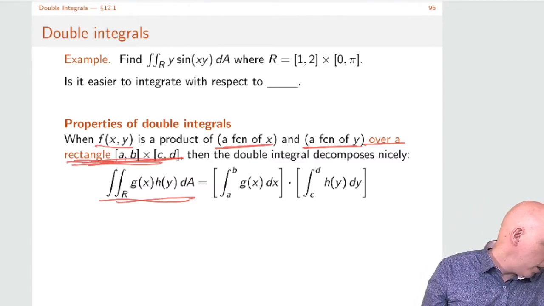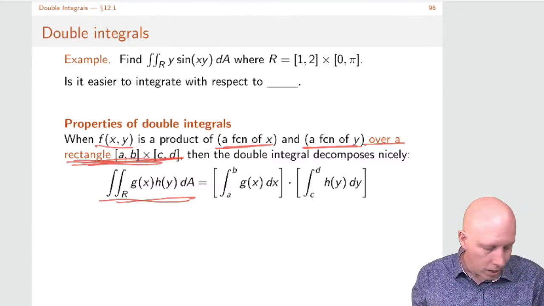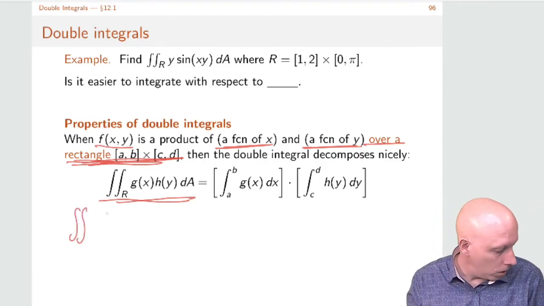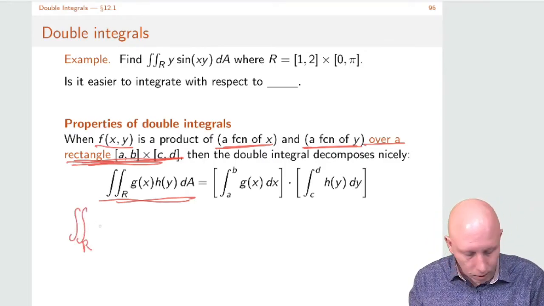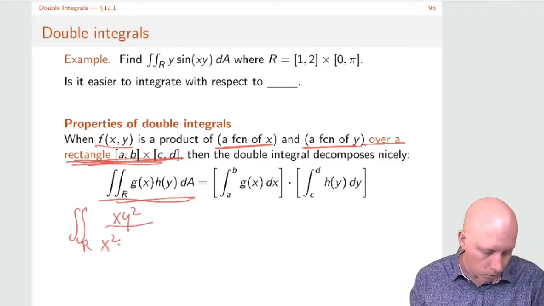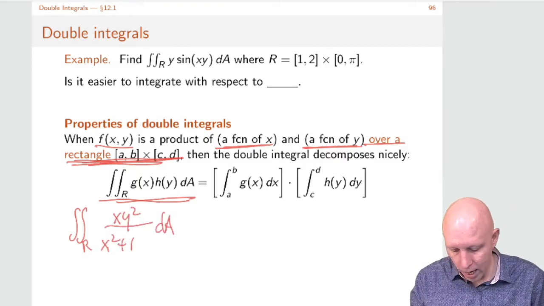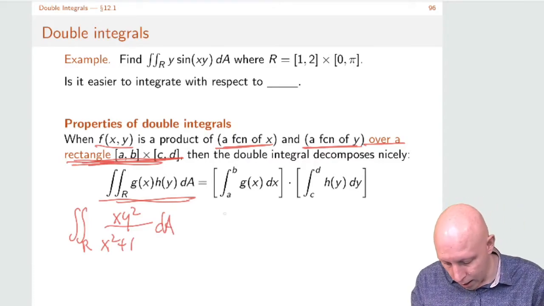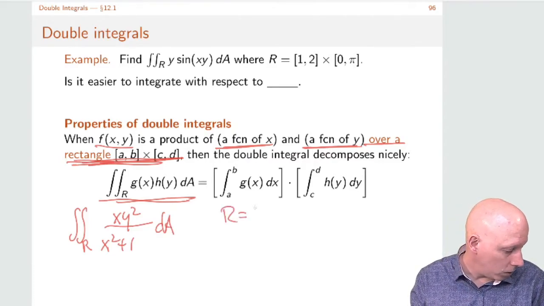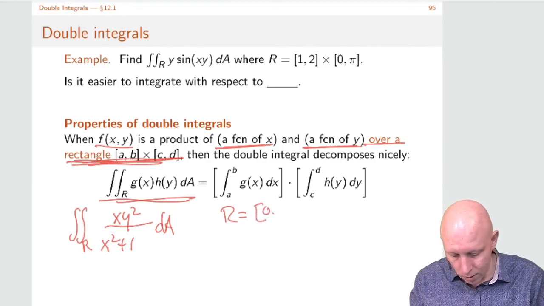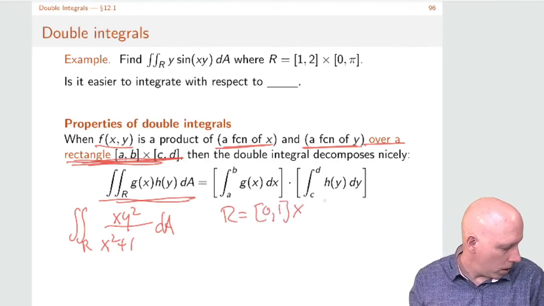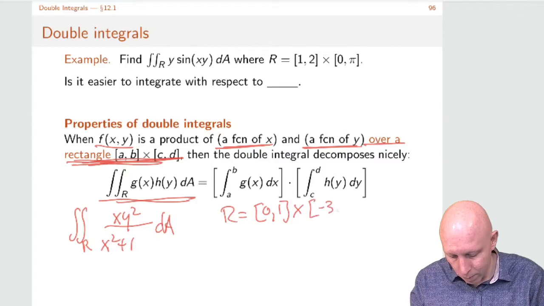Let's say we had the double integral over our region R of x y squared over x squared plus 1 dA, and R is the rectangle 0, 1 by negative 3, 3.